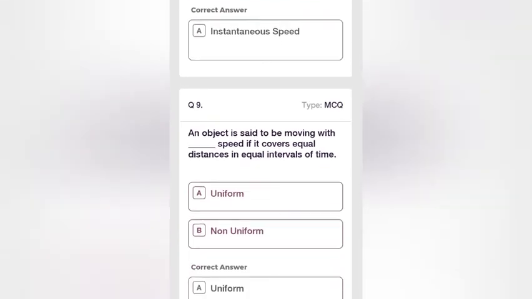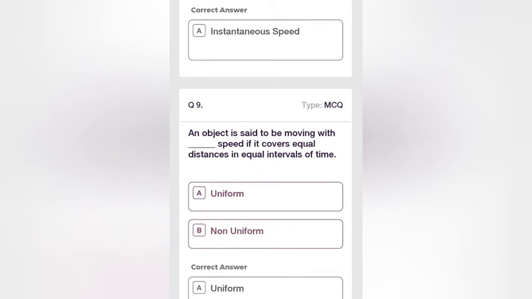Next question. An object is said to be moving with dash speed if it covers equal distance in equal intervals of time. If an object covers equal distance in equal intervals of time, it is said to be in uniform motion.